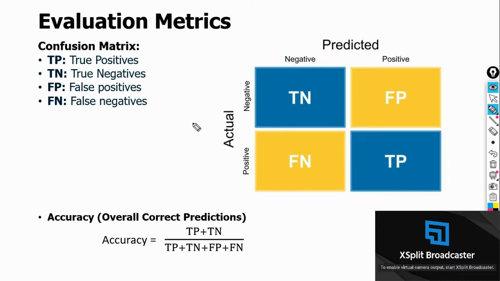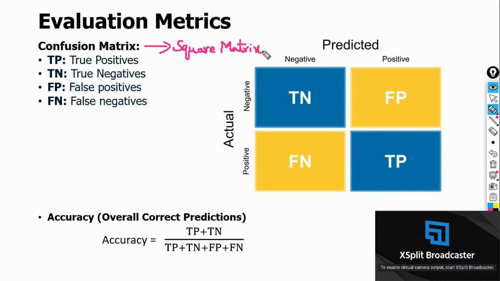Yes. Now let us focus on our confusion matrix. A confusion matrix is always a square matrix. So friends, tell me, what do you mean by a square matrix?